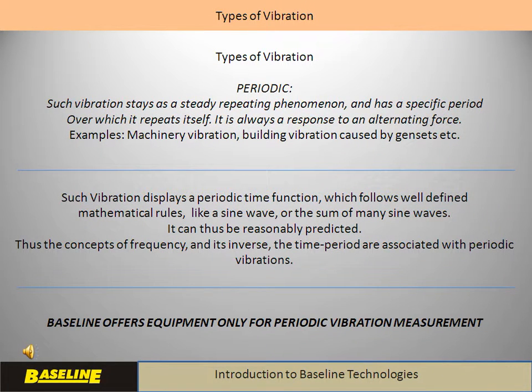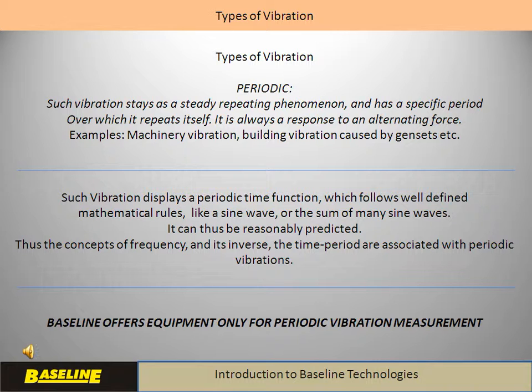Periodic vibration is a steady movement of the body around its mean position. It is a repetitive, predictable phenomenon and has a specific period over which it repeats itself. It is always a response to an alternating force.